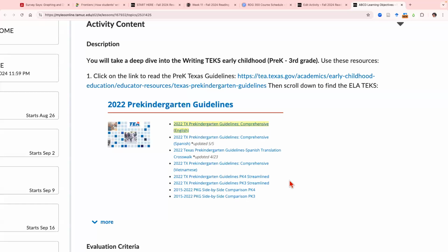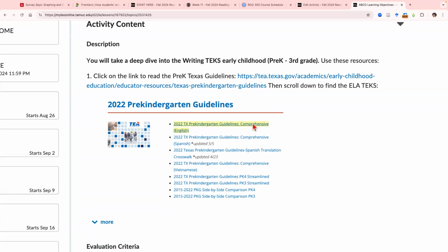Use these resources. Click on this link to read the pre-K Texas guidelines. Here's the link. It's going to take you to the TEA website. Once you get to that website, you're going to scroll down to find the ELA TEKS, and you'll see a window that looks like this. You're going to click on the very top one, and that takes you to the pre-K guidelines for comprehensive English.